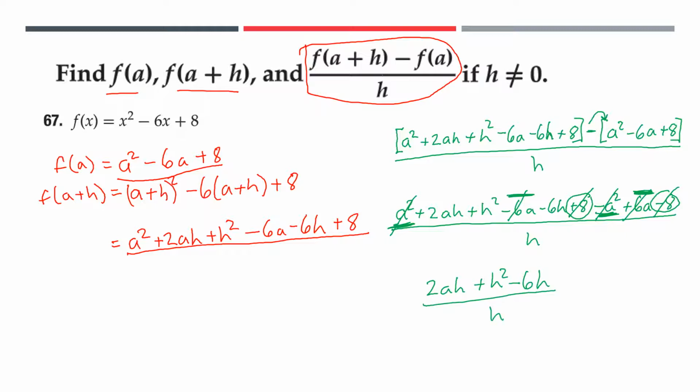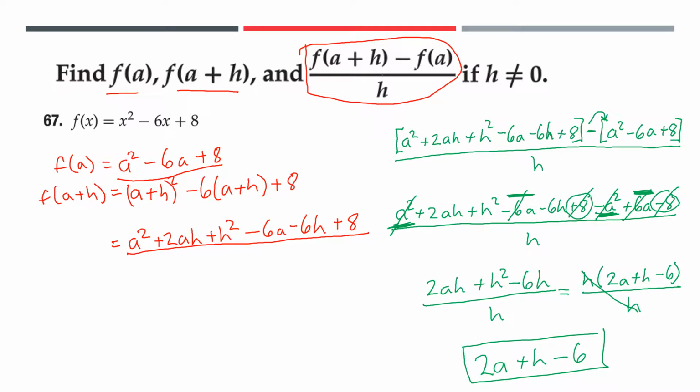Well, now I can factor the h out and cancel it. So let me factor it out. H times (2a plus h minus 6) all over h. Those cancel out, and I'm left with 2a plus h minus 6. That is my answer. Okay? Your answer will simplify to something like this.